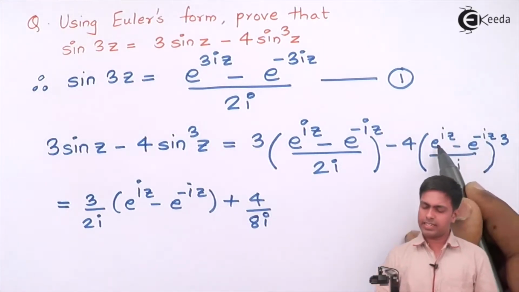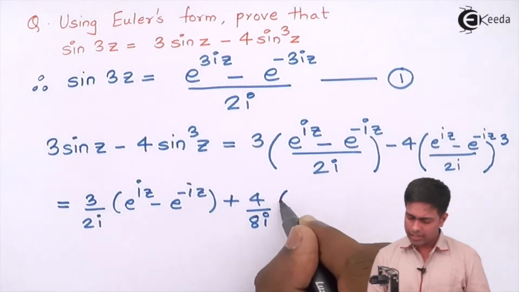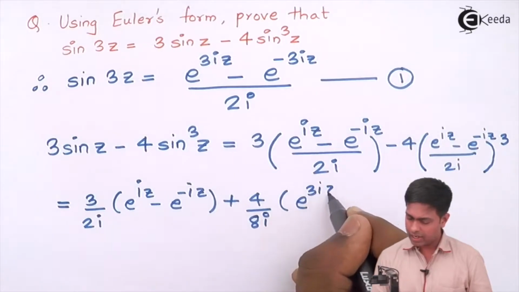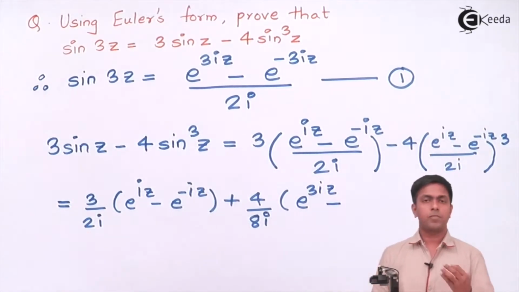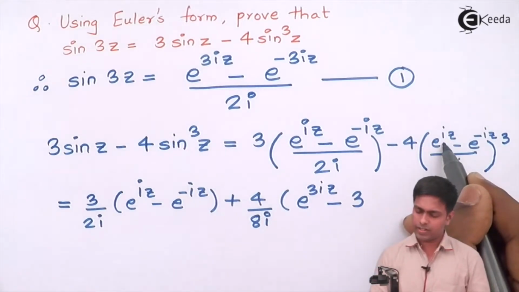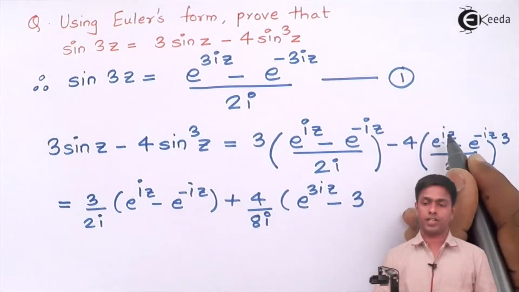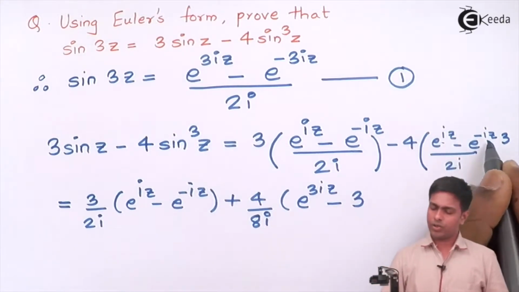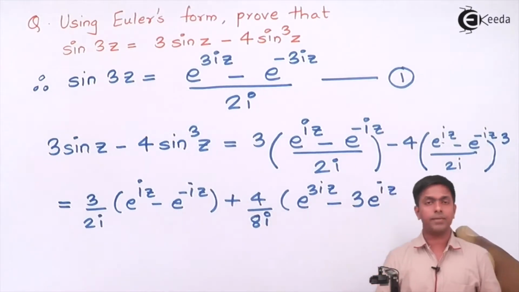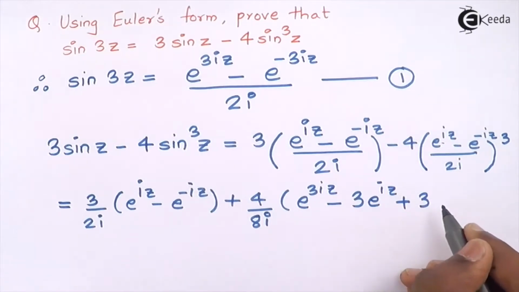Now let's expand this, that is a minus b the whole cube. I'll use that identity. So that is a cube, which will become e raised to 3iz, minus 3 a square b. So the square of this into this: when I square this, it will become e raised to 2iz into e raised to minus iz, which will be e raised to iz only, plus 3 into a b square.